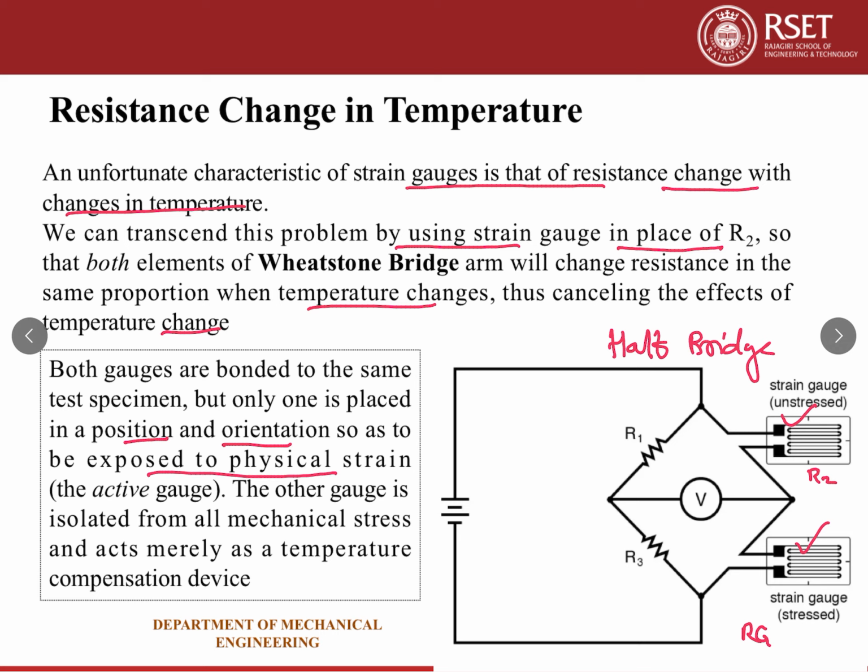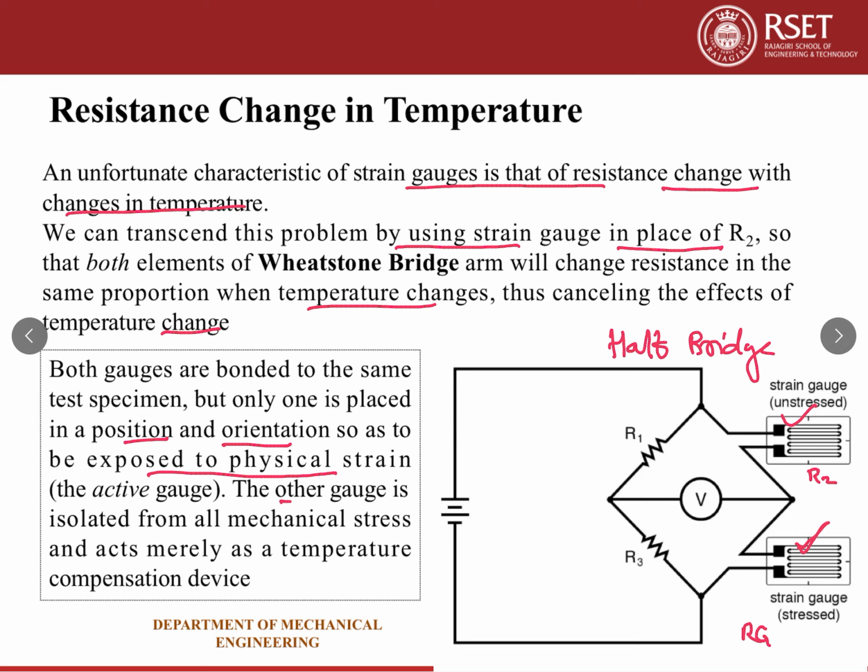Only this one will experience a strain. The other one will act as a dummy, and that is bonded to the material whose strain is to be measured, but it will not experience any strain.